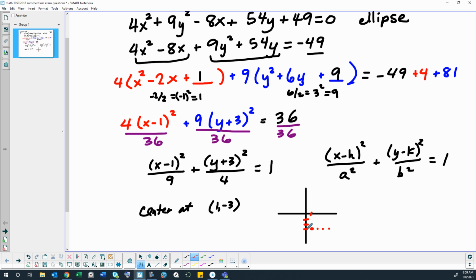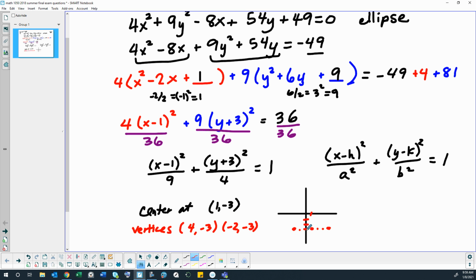So 1, 2, 3 that way, and 1, 2, 3 that way. So those would be our vertices. Let's figure out where those are. So that looks like 4, -3, and -2, -3.